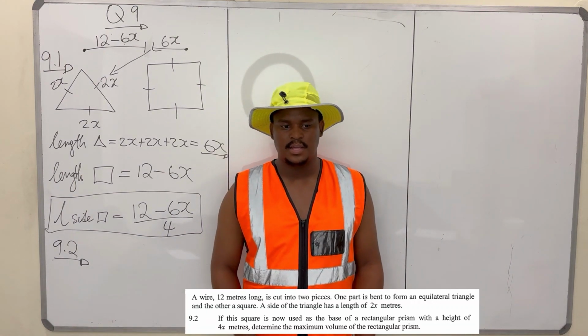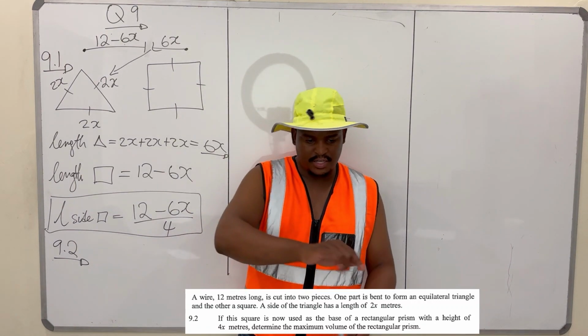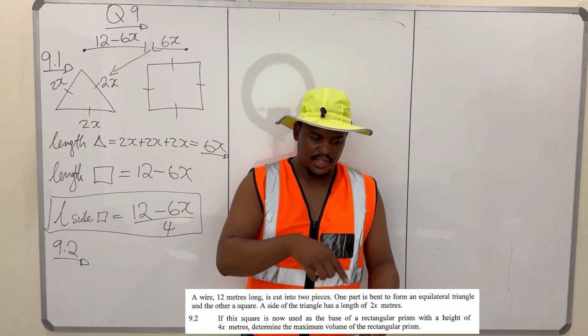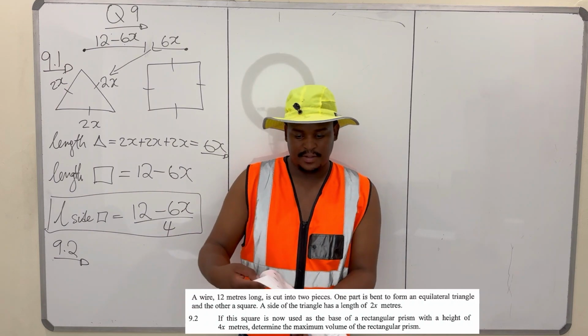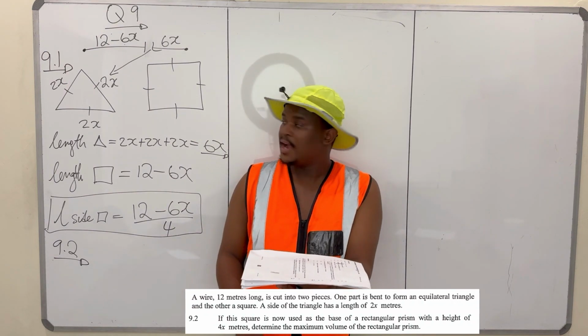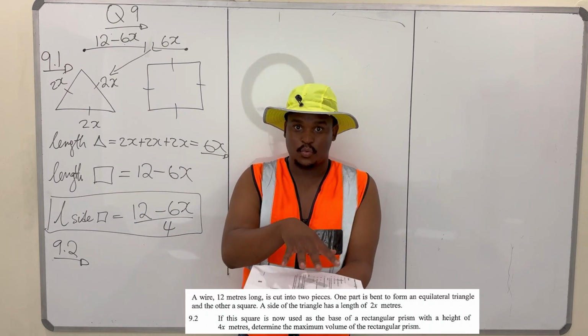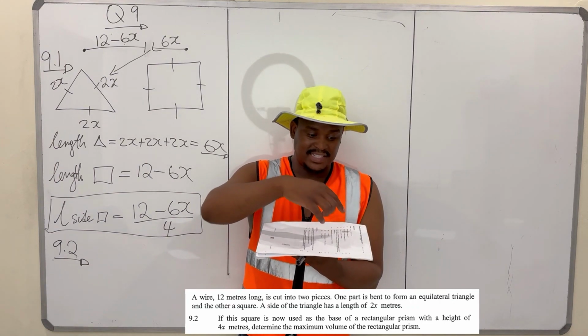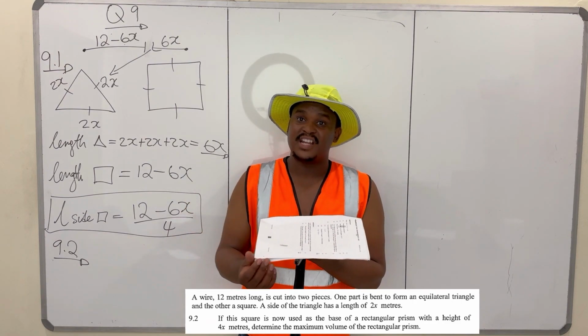What is the base? A base is more like a foundation, like the floor of your rectangular prism. This is not a square, of course, this is a paper. So let's say this paper resembles the shape of a rectangle.